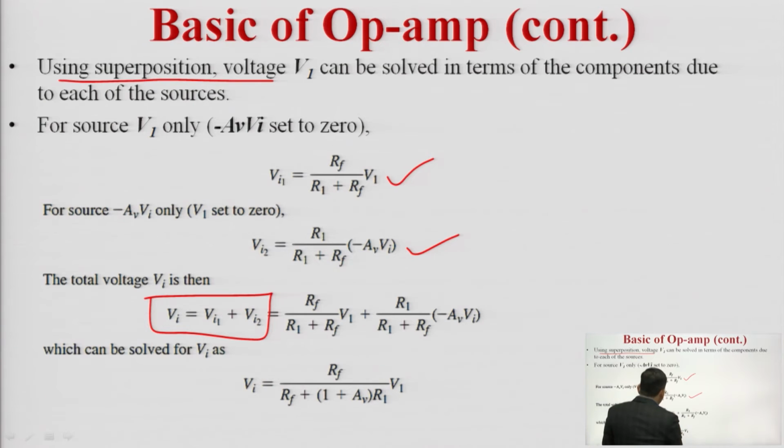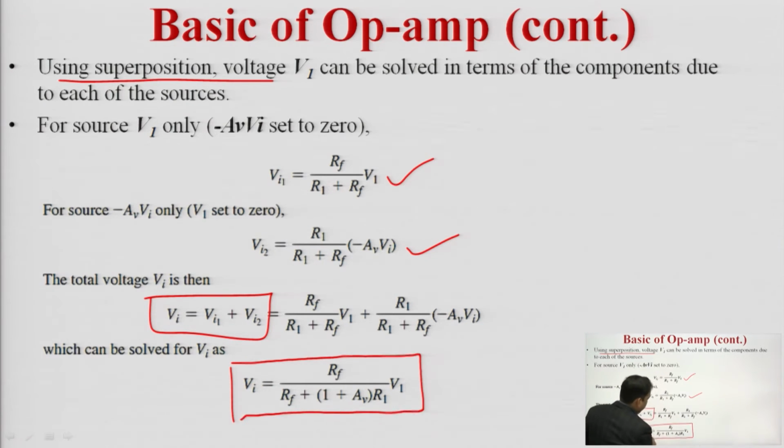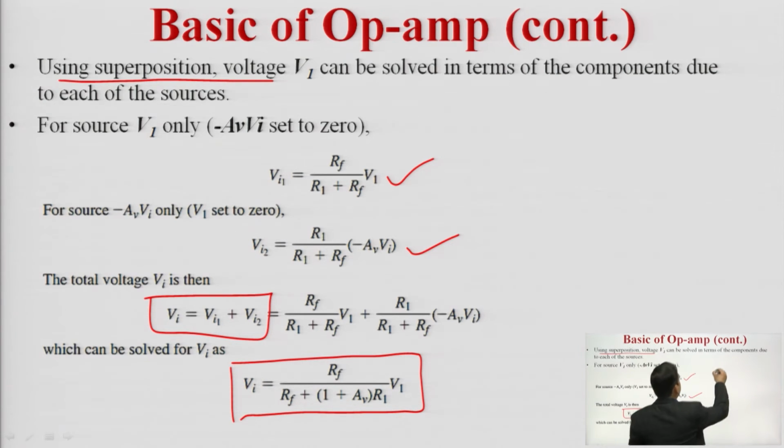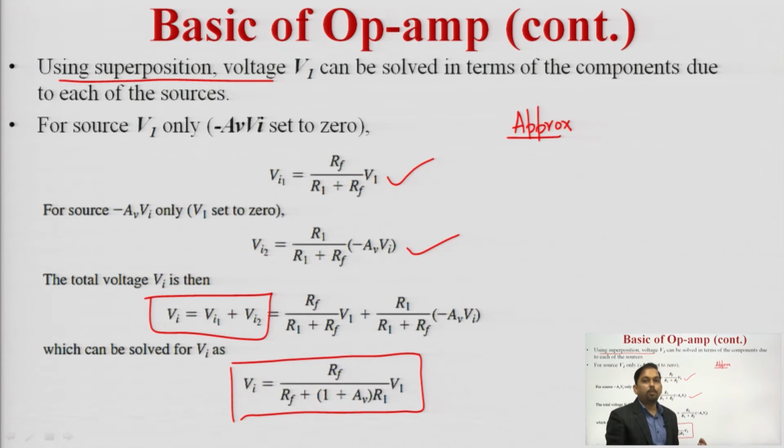The simplified version will be Vi equals Rf divided by Rf plus (1 plus AV) times R1, multiplied by V1. Now we are going to use some approximations. As per the definition of an op amp, it has a very high gain, which means AV is very high.